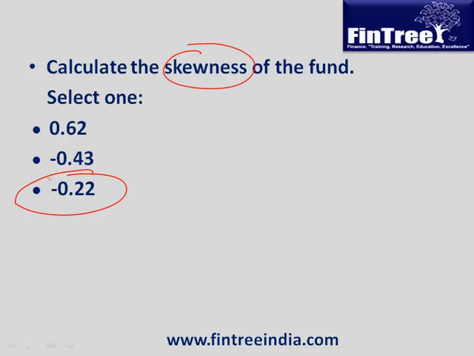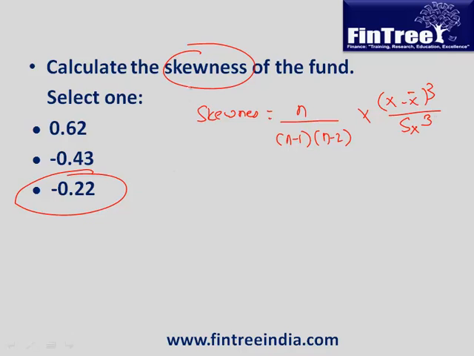Will you be able to remember the formula? So maybe you can just write down these two formulas. Skewness: n divided by n minus 1, n minus 2, summation of x minus x bar raised to 3 divided by sample standard deviation raised to 3. This is actually the sample skewness formula.